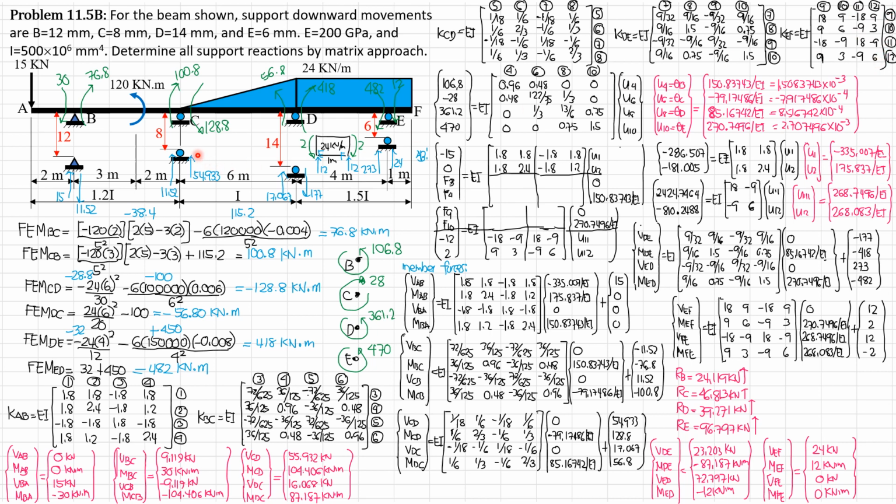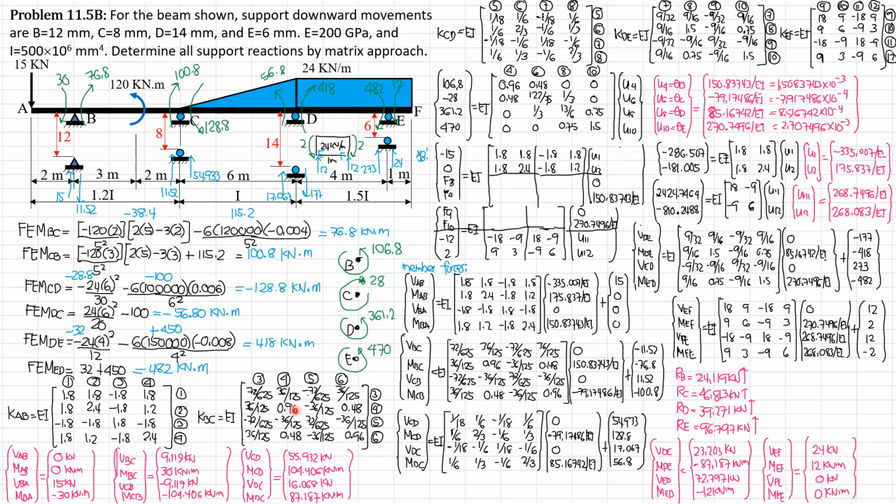Since we are interested only in the displacements at numbers 4, 6, 8, 10, and these are the loads, then equals EI, then we have 4, 6, 8, 10, U4, U6, U8, U10. For 4, 4, only consider BC, CD, and DE. For BC, 4, 4, we have 0.96 here.